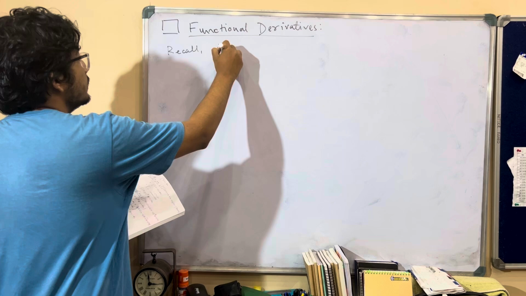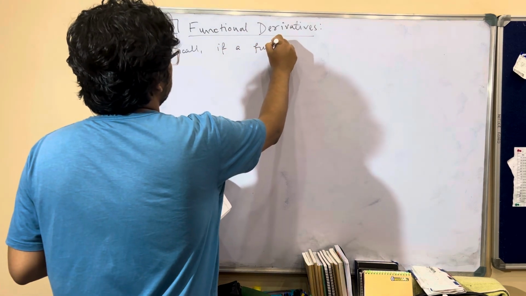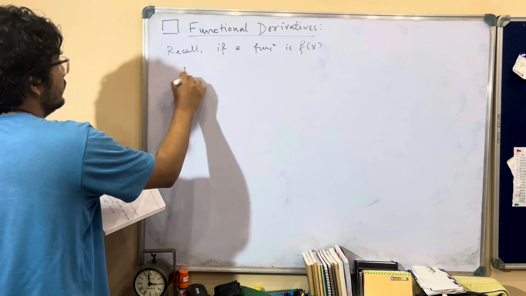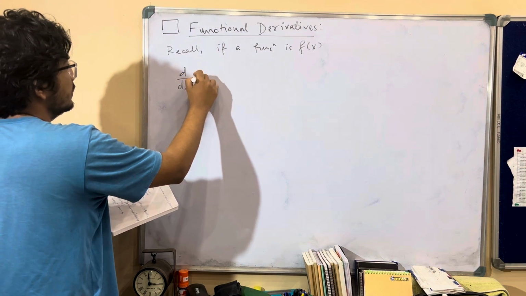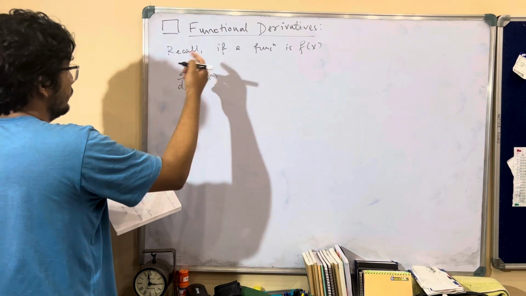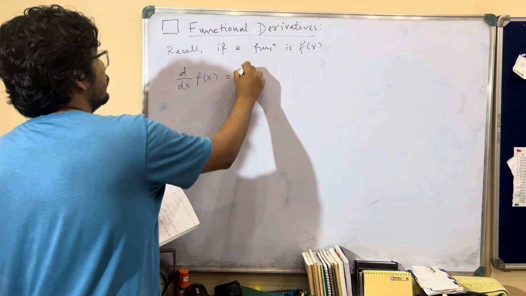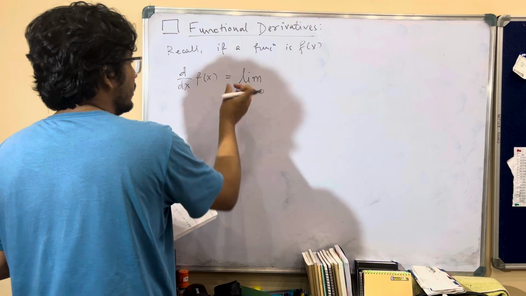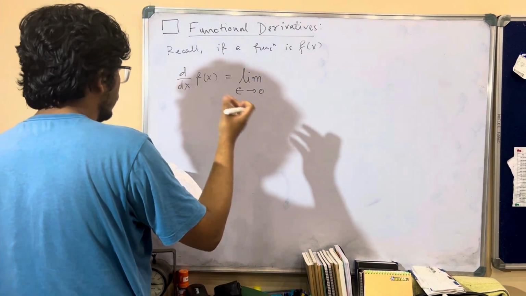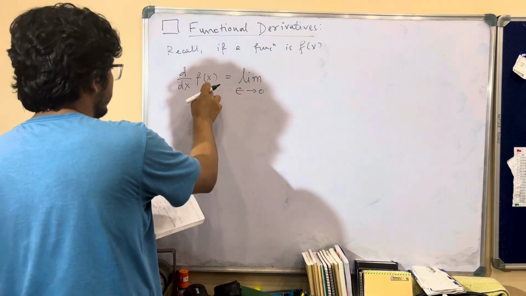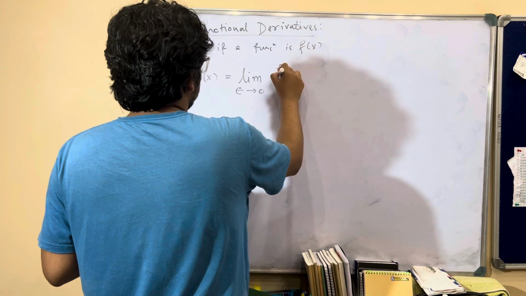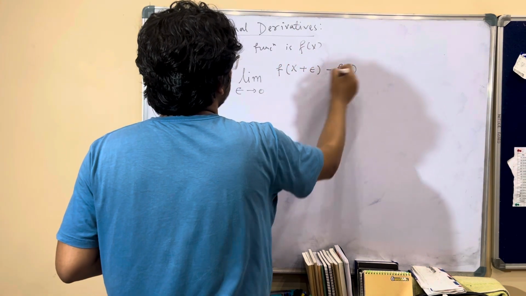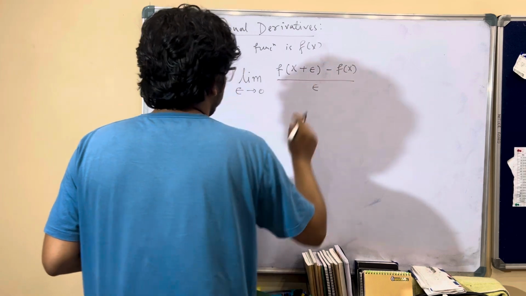Recall that if a function is f of x, then the derivative of f of x with respect to x, or d/dx of f of x, will be equal to the limit as epsilon goes to 0, where epsilon is a very small number that can be added to x, of f of x plus epsilon minus f of x, divided by epsilon.